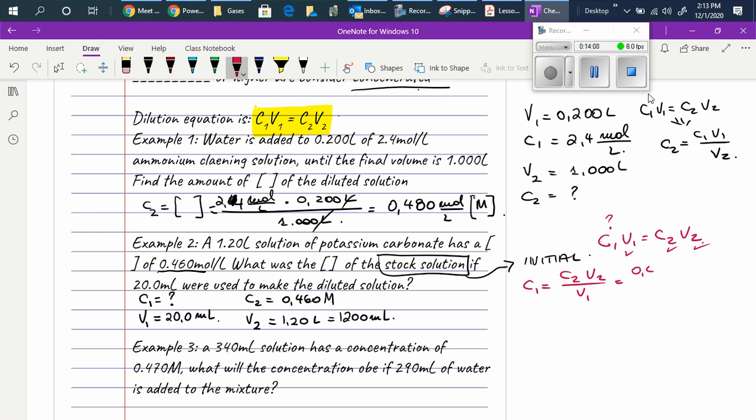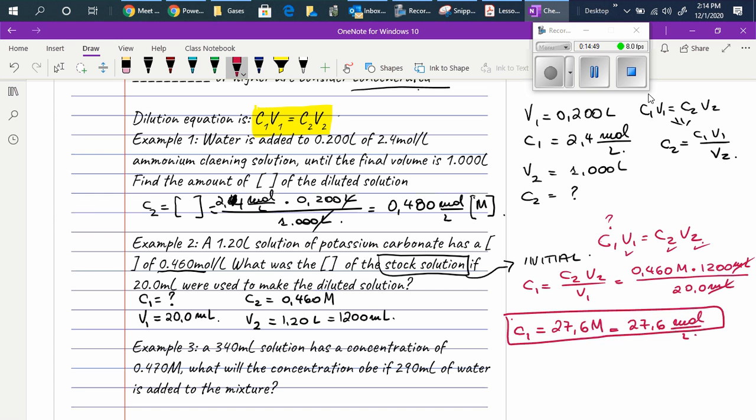So it will be 0.460 molarity times V2, which is 1200 milliliters, over 20 milliliters. So milliliters and milliliters cancel out, and then we have a concentration of the stock solution, or the initial one, as 27.6 molarity, or you can say 27.6 moles per liter.